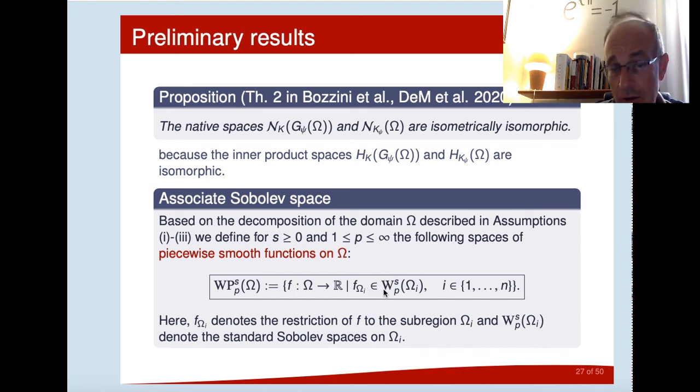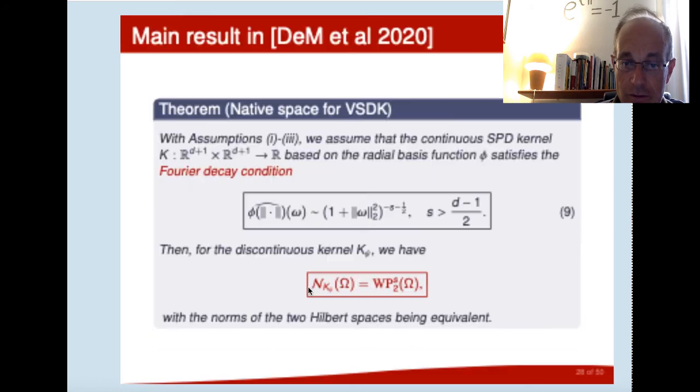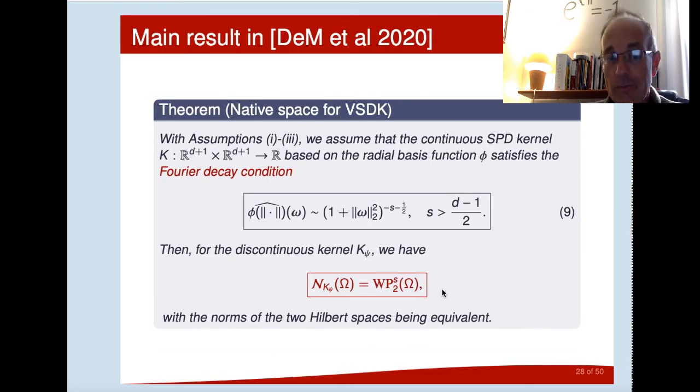So this is a Sobolev space for the subregion omega_i. This is what this set of piecewise smooth functions of omega is.